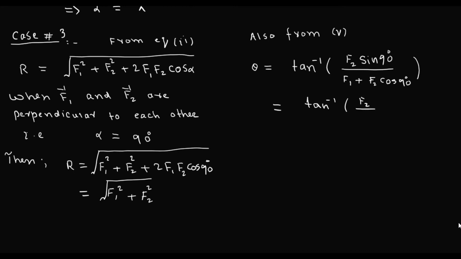Sine 90 is 1, but cos 90 is 0, so we are only left with tan inverse of F2 divided by F1.